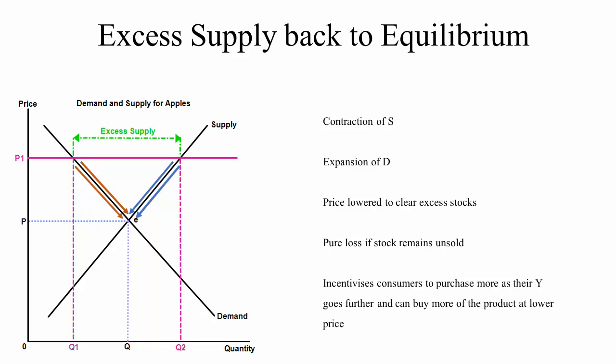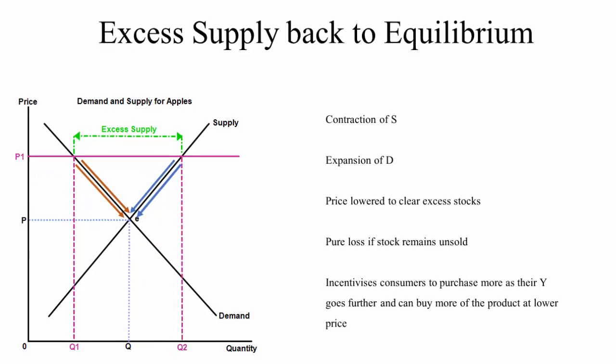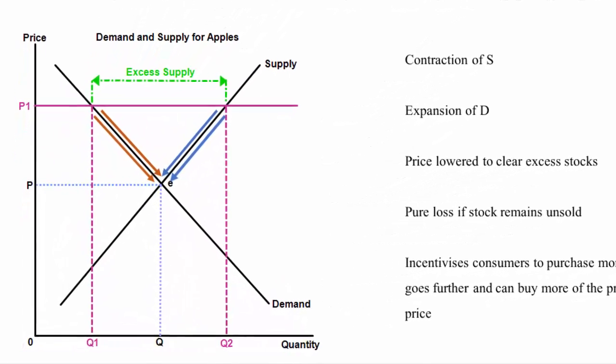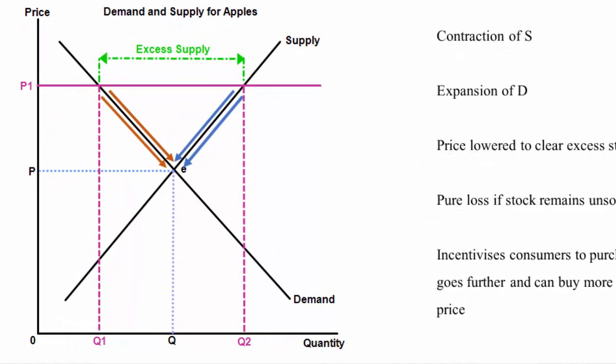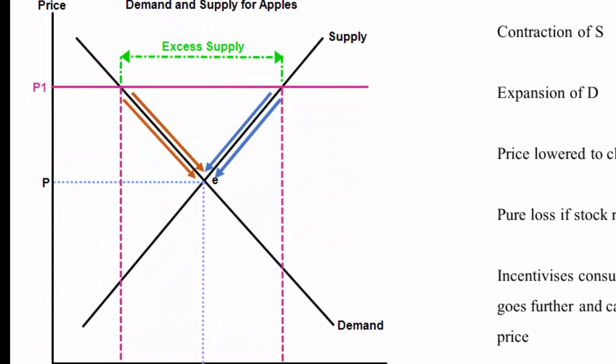And the simple solution to that question is that if they hang on to the stock and the demand isn't there for the stock at that price because the price is too high, then they would make a pure loss on that stock because it would remain unsold. And from a firm or business's perspective, making a pure loss would be an unacceptable outcome. So they would try to clear the excess stock they have, as seen on the diagram there, by lowering the price to incentivise more consumers to buy that product.